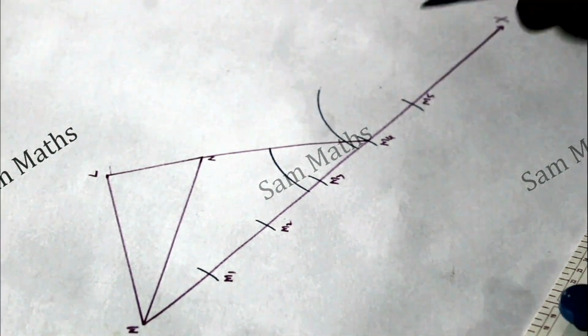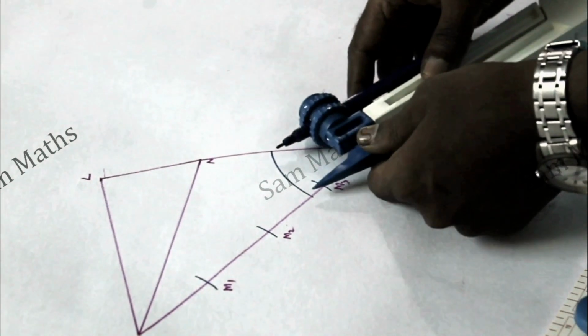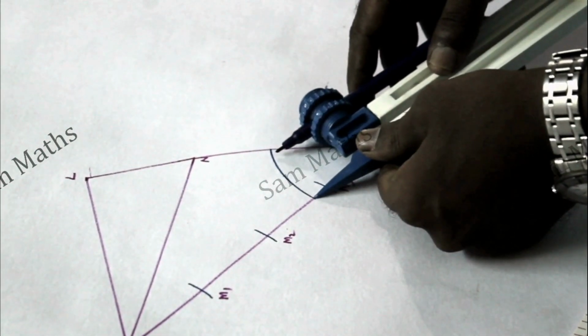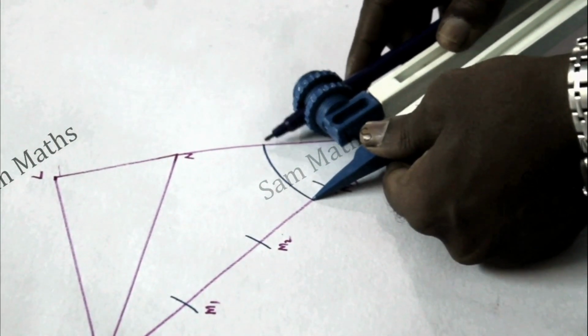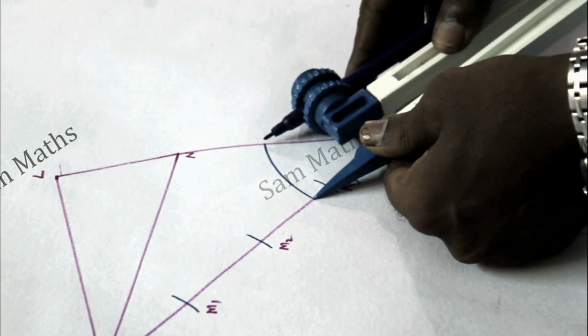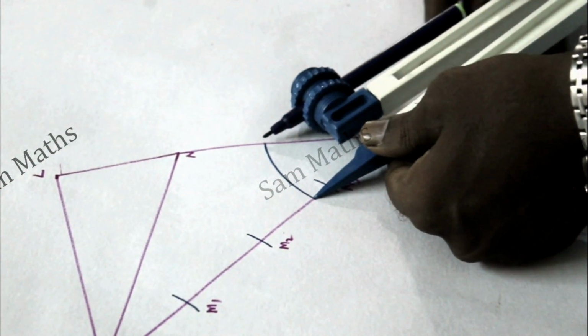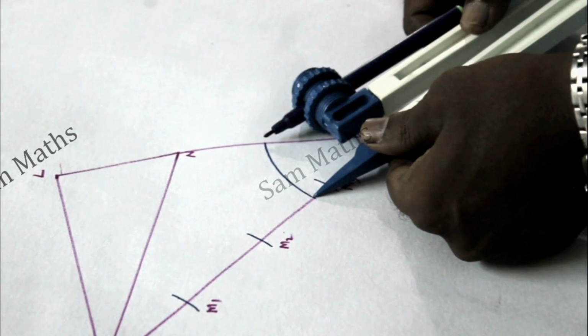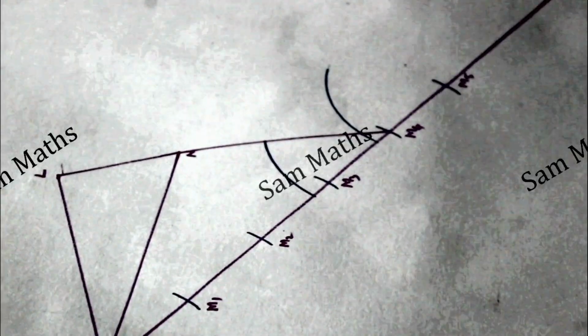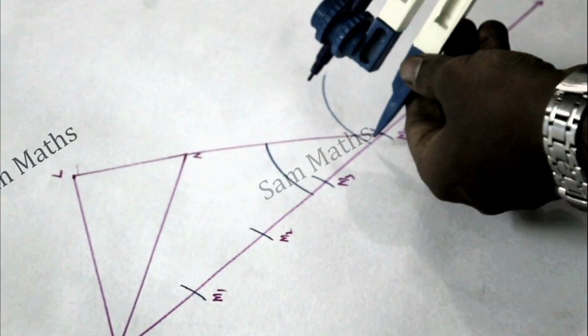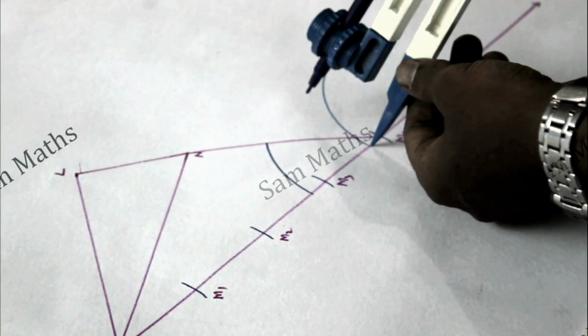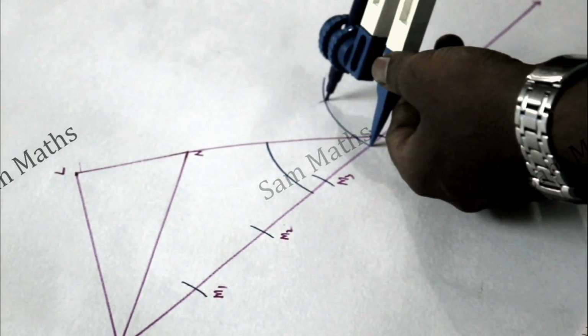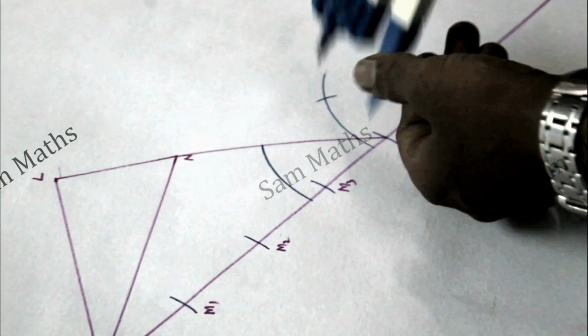Now you have to measure the length of the first arc like this. You just measure. Okay children. With this measurement, in the second arc, you have to cut the arc on the previous arc.